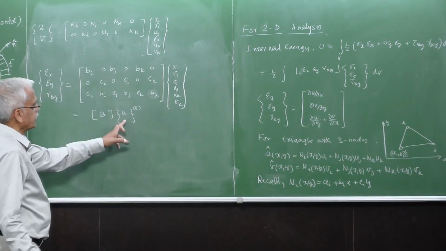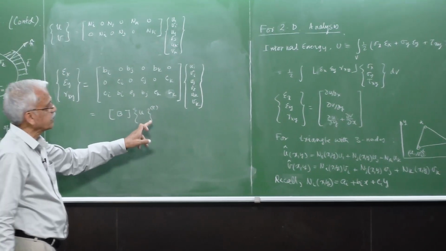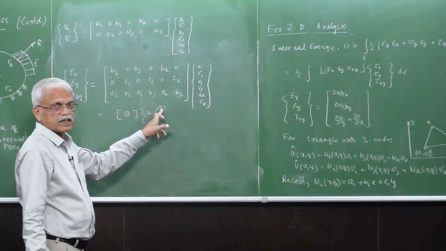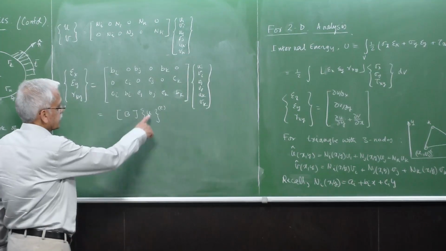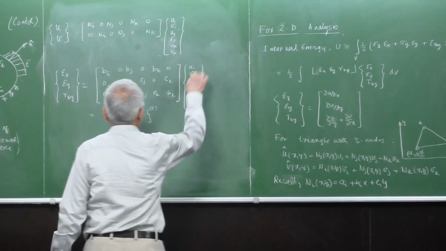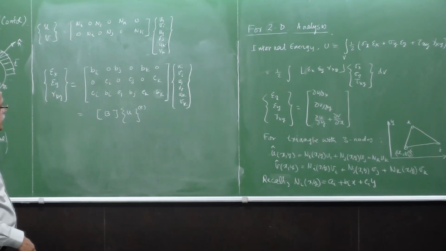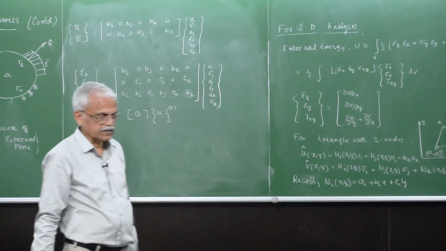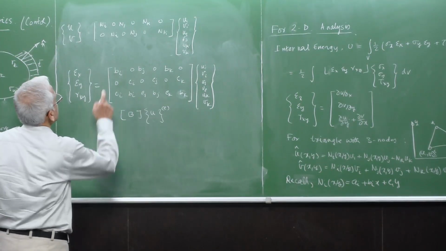So we'll write it as UE, which is a representation we use for conciseness. So this is the elemental displacements, where all the nodal displacements are represented by this simple notation. So B is the strain displacement relationship. Okay, so this is epsilon x, epsilon y, gamma xy.